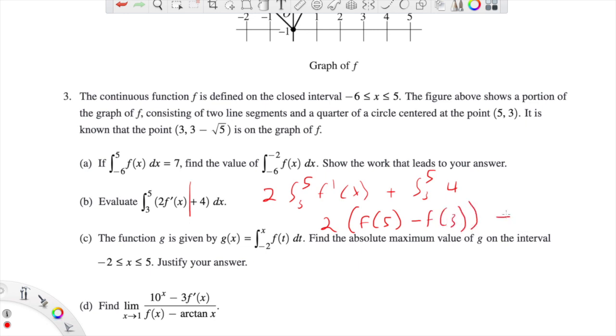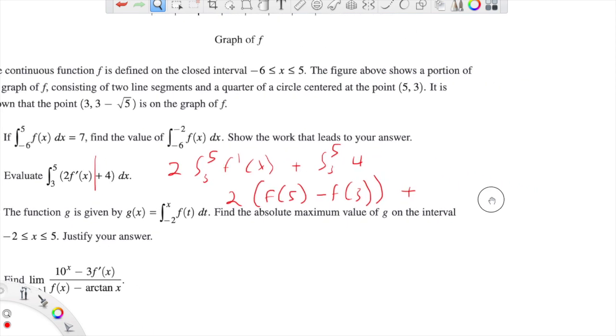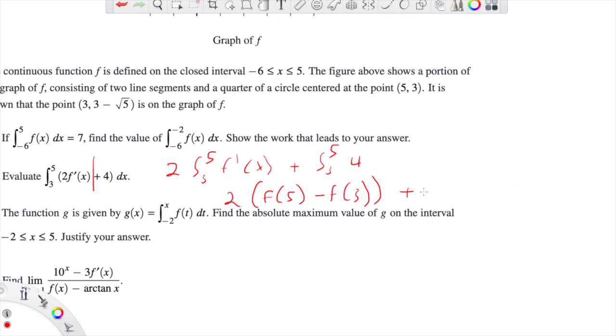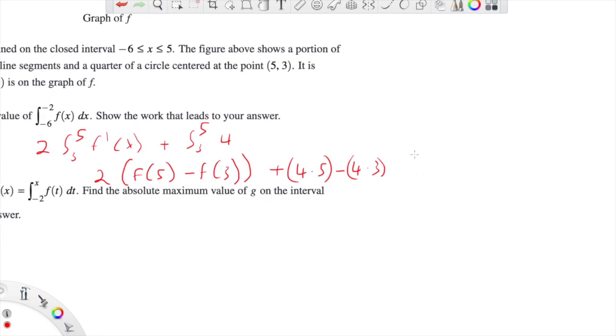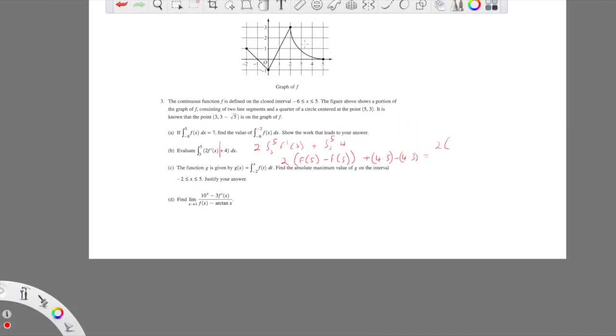And then plus the integral of 4, which is 4x, so it's going to be 4 times 5 minus 4 times 3. And so that's going to give us 2 times f of 5 minus f of 3. So f of 5 is going to be this 0 here. And f of 3 is actually going to give this point they gave us before.